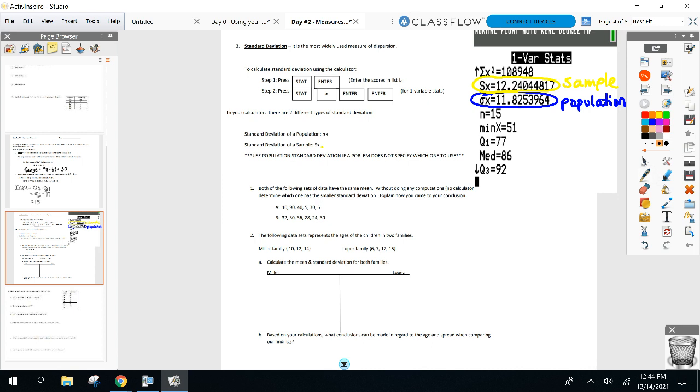All right. Last thing I'd like you to just jot down about the standard deviation. The smaller this number is, the closer the scores. Okay? The smaller the standard deviation, the closer the scores are.